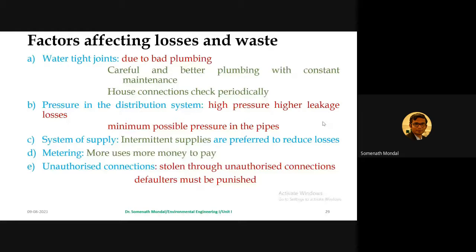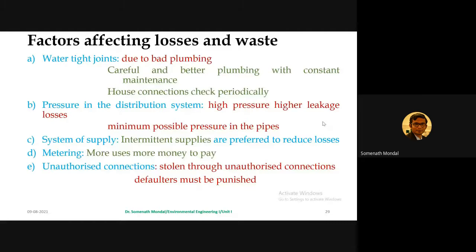But such practices should not be encouraged at all, and defaulters should be punished, because ultimately the main idea is to serve the people, and at the same time the government should also be able to generate some amount of revenue, so that they can run this kind of water supply scheme or public health scheme in a sustainable manner for the coming years and decades. So these are the main factors which I wanted to talk about.